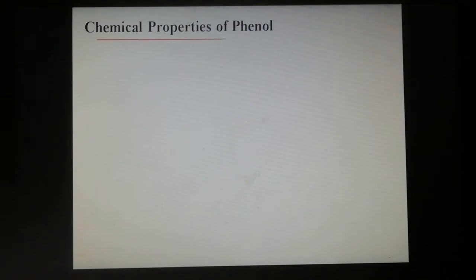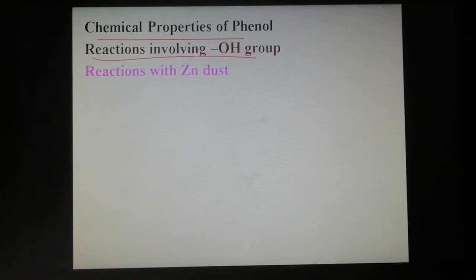Then next topic of the hydroxy compounds and ether lesson: chemical properties of phenol. First we discuss reactions involving the OH group. First one, reaction with zinc dust.